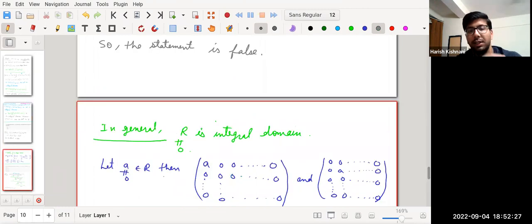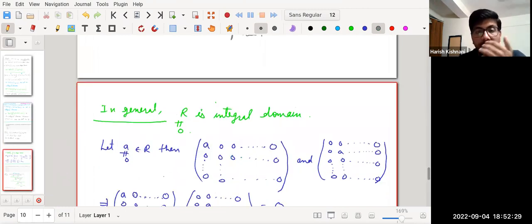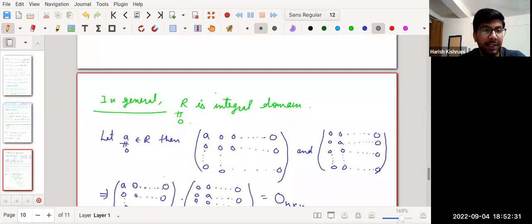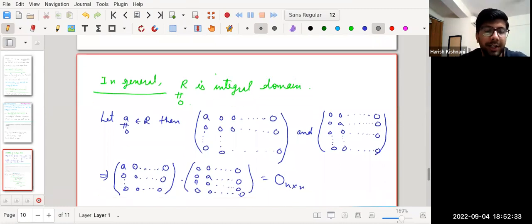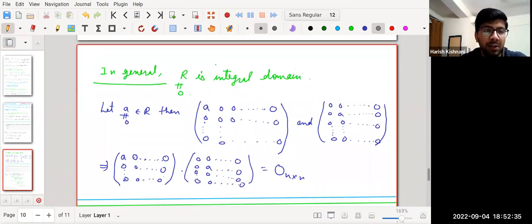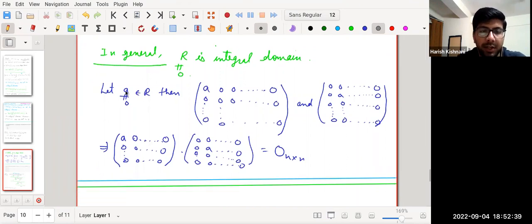This statement in general: if R is a non-zero, definitely non-zero, integral domain, then for any non-zero element a of R, consider these matrices: A 0 0 0 0 0, everything is 0 except your first entry, and here everything is 0 except the entry 2 comma 2.